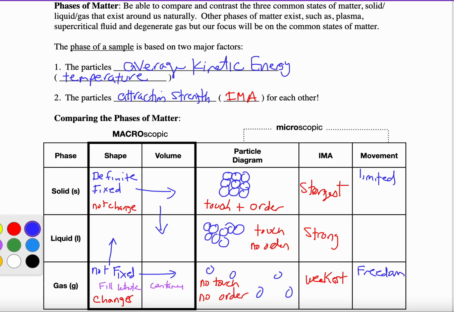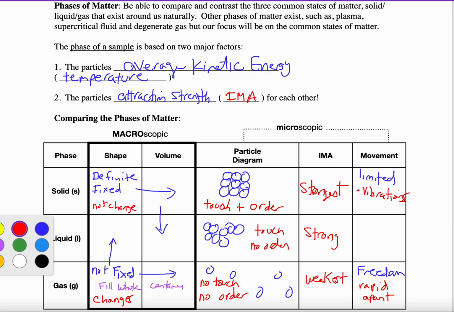So for a solid, its movement is limited. So it's probably just limited to the idea that the particles vibrate, or vibrations within their fixed position. Where a gas, they have complete freedom, so their movement is described as being very rapid, and the particles, because they don't have any attraction, tend to move apart from each other.